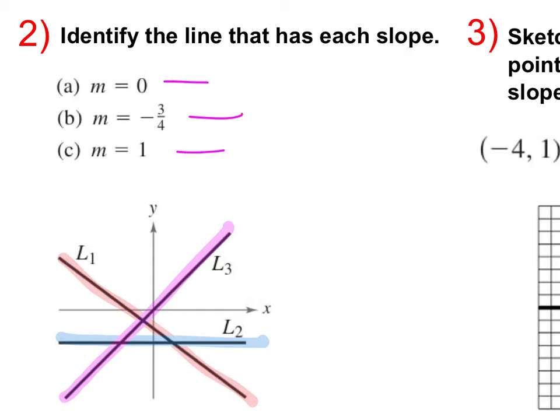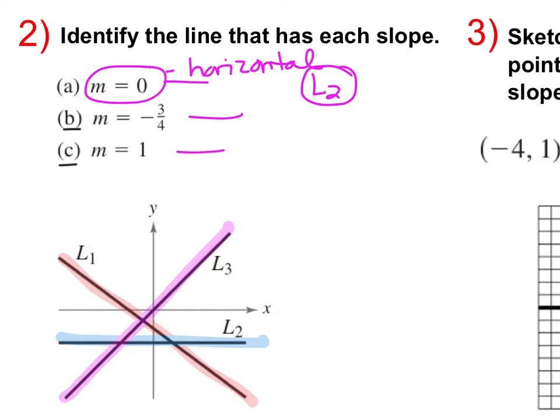Just knowing what those are can help us line these up, because we know a 0 slope is a horizontal line. It's straight across, just going over. So right away, I know that is line 2. Line 2 matches up with letter A. The difference between B and C here is one's positive, one's negative.